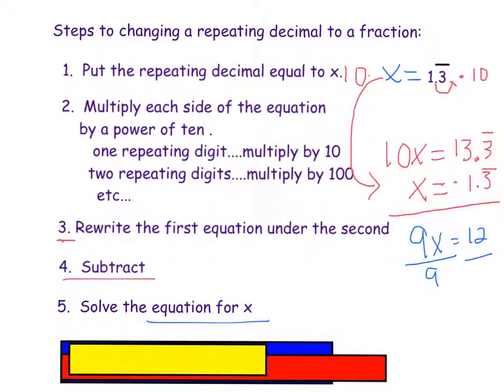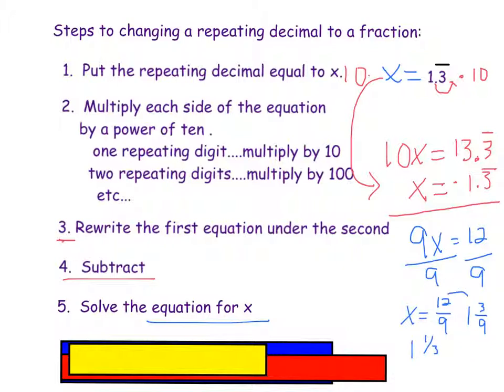Remember, if it's multiplied, we have to divide. So x is 12 ninths, and if you reduce that, it is 1 3/9, which reduced even further is 1 1/3.